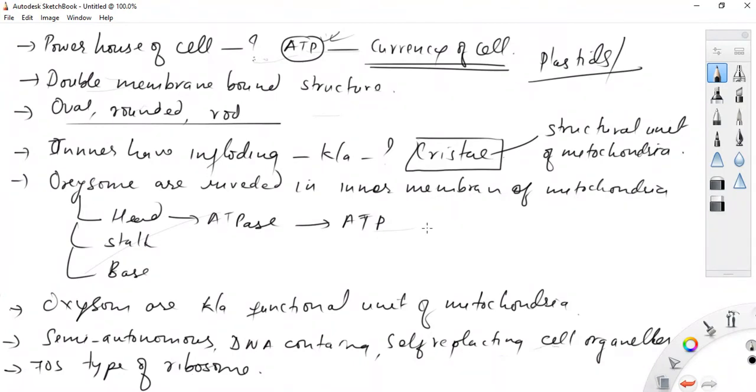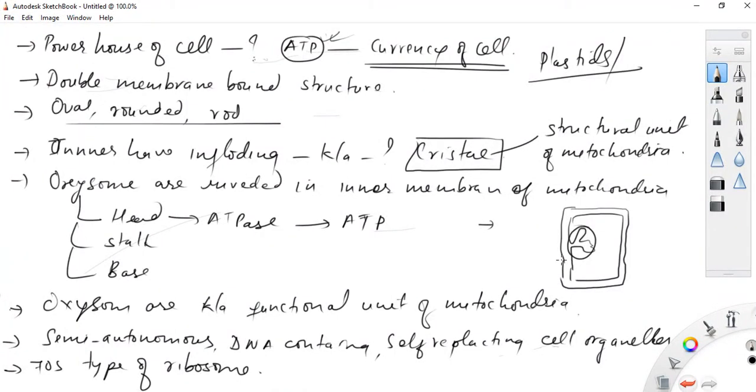How? Because they have infolding, like the bacterial cell also has infolding, which is known as mesosomes. Am I right? Bacterial cells have infolding in their cell membrane, known as mesosomes, and mitochondria have infolding known as cristae.